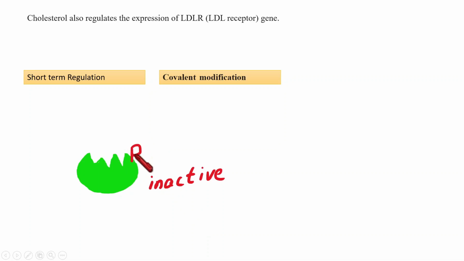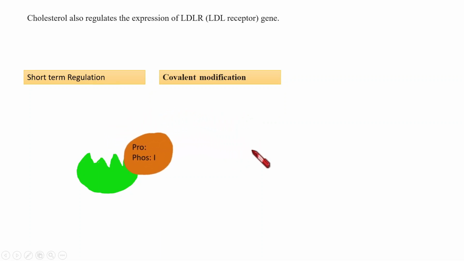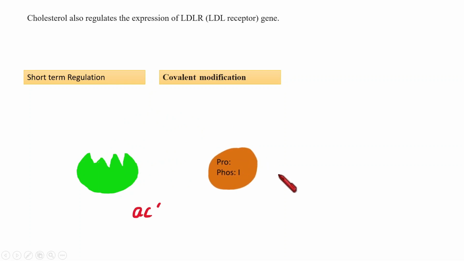As this phosphate group is removed, it becomes active. It can continue the cholesterol biosynthesis. And that removal of the phosphate group is done by an enzyme called protein phosphatase 1. It removes that phosphate and makes the enzyme active, and it will continue the cholesterol biosynthesis when the body has a lower level of cholesterol.